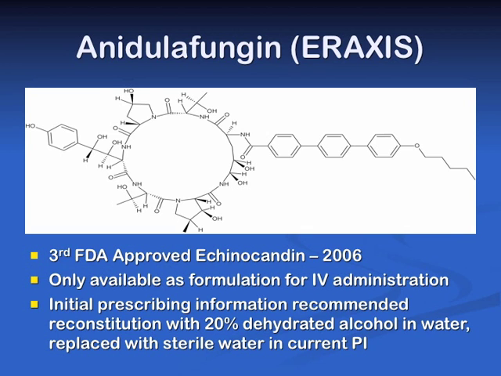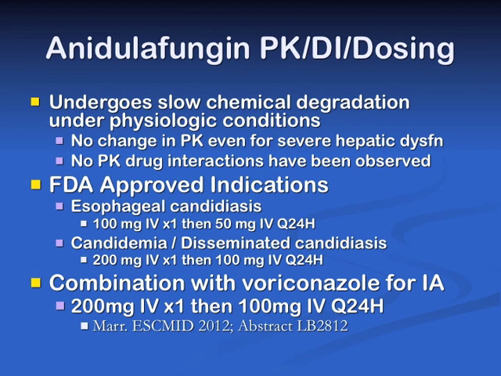And last is Eraxis, or anidulafungin. This is our third approved echinocandin, approved in 2006. They're all only available as IV formulations. Initially, the prescribing information recommended reconstituting this with ethanol, but that has since been replaced with sterile water, so that's no longer a concern.